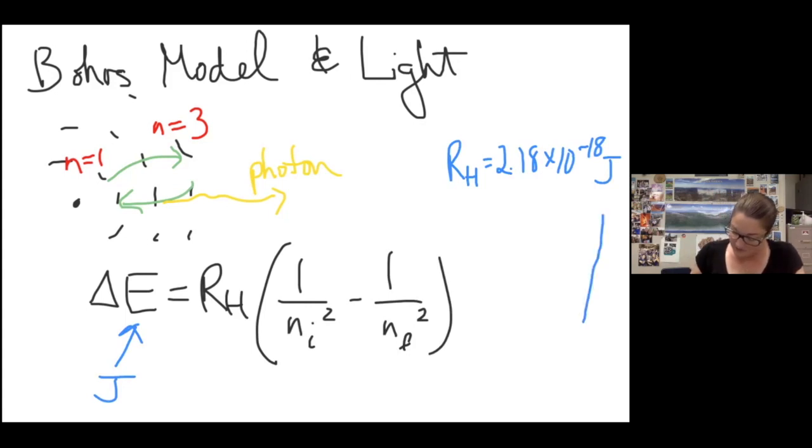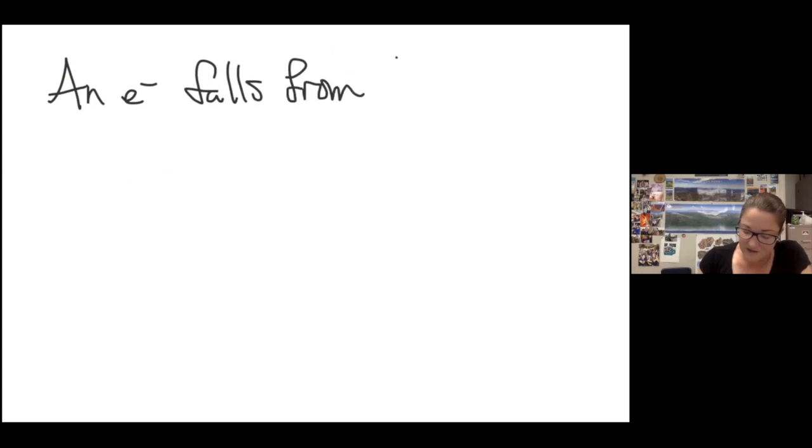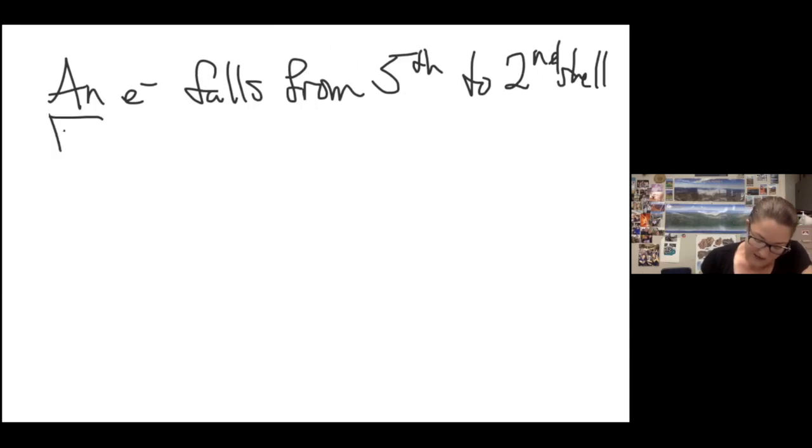So for example, if we have an electron that falls from the fifth to the second shell, and we're going to find the energy emitted.